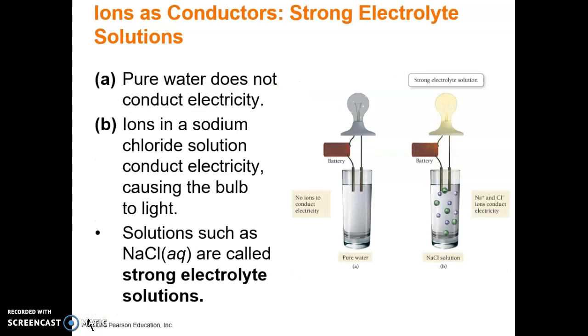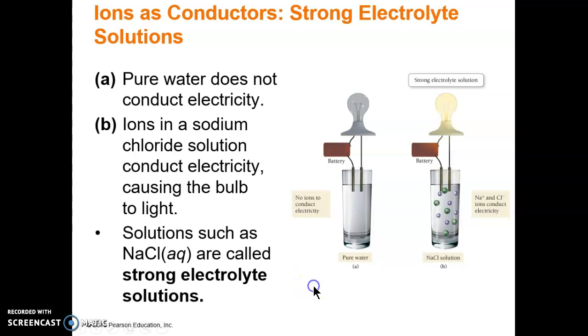So electrolytes are solutions that contain ions. Strong electrolytes are good conductors. Ionic compounds that are soluble, and that means that they completely dissolve into ions, are strong electrolytes. You're also going to learn that strong acids and strong bases are strong electrolytes.